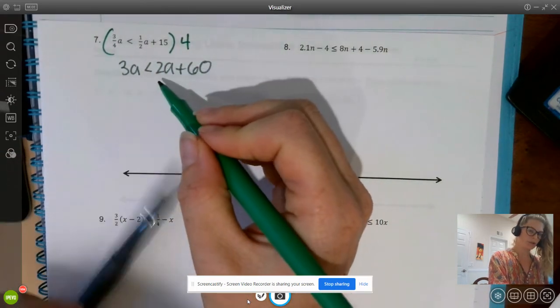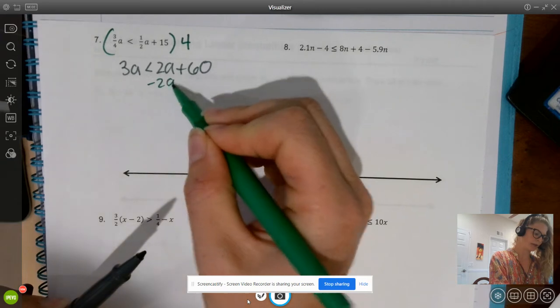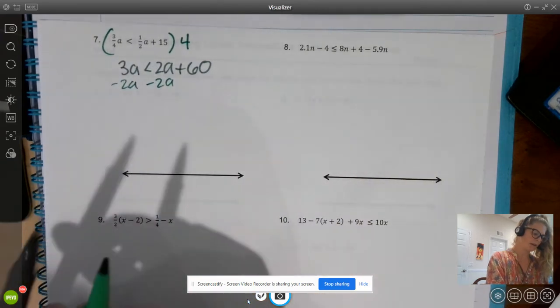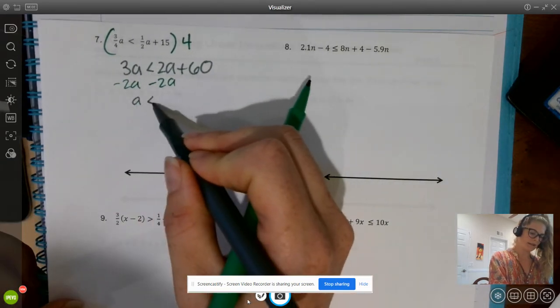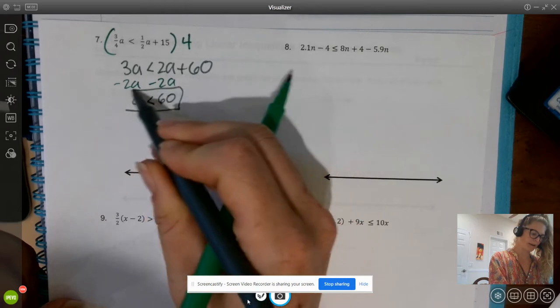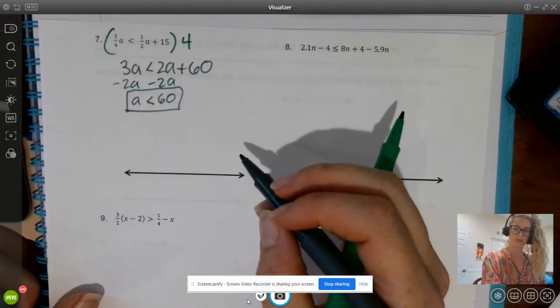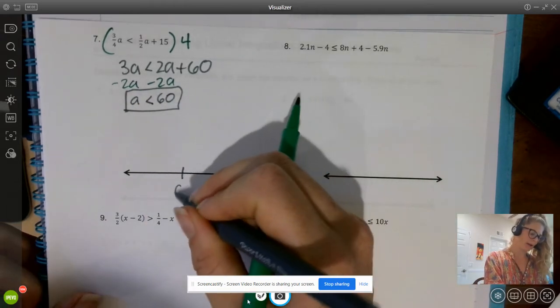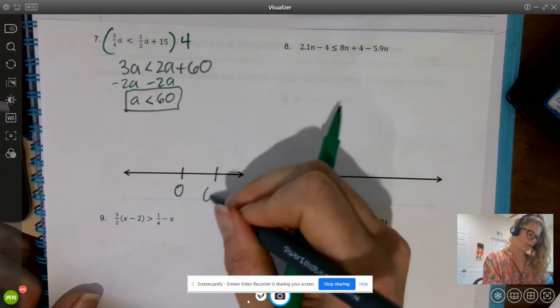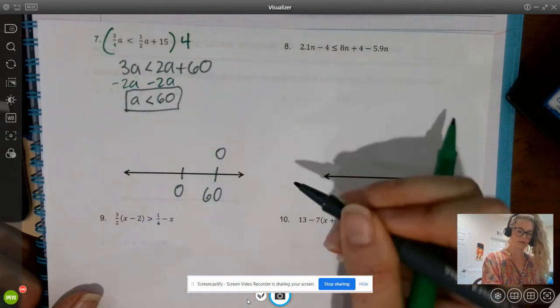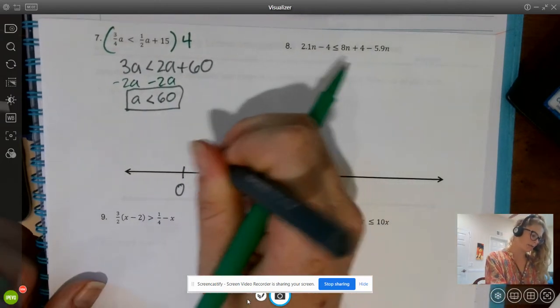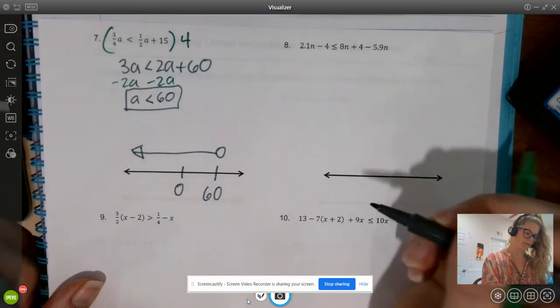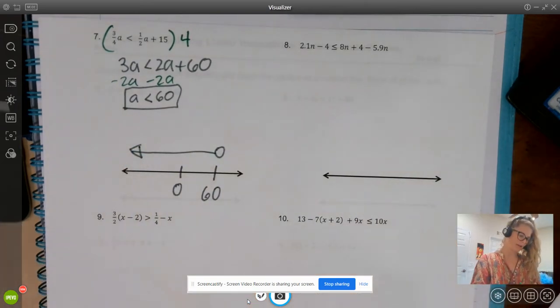The smaller variable is 2a, so I'm going to subtract 2a from both sides. When I do that, I have a is less than 60 as my final answer for my solution set. So I'm going to have my 0, and my boundary number 60. It's an open circle at 60, and we're shading to the left because that's where the values less than 60 are.